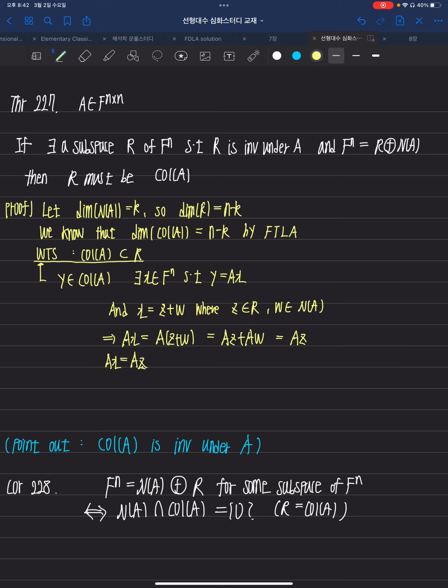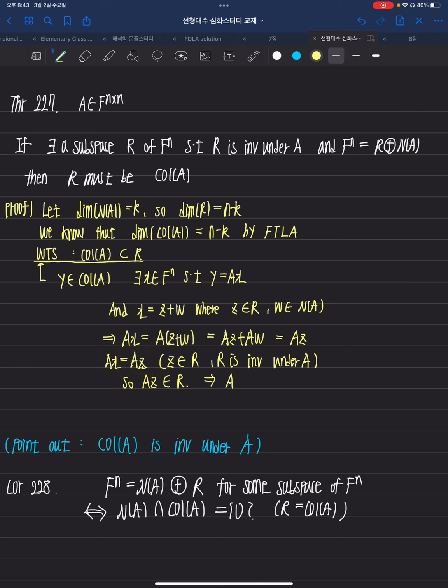Okay, but Z is an element of R, and R is invariant under A. So AZ is also in R, but AX is equal to AZ.